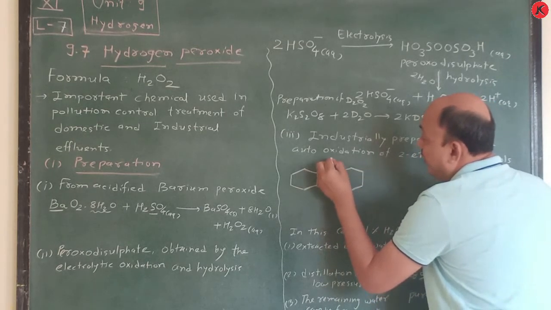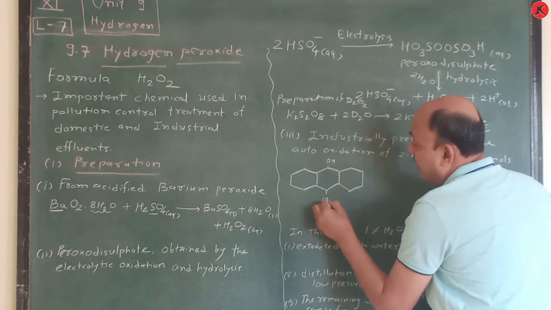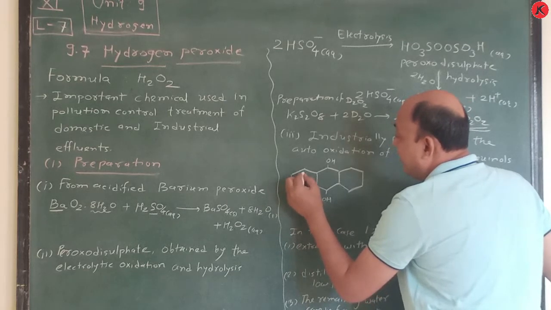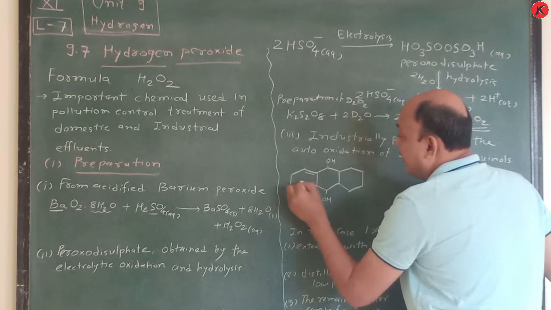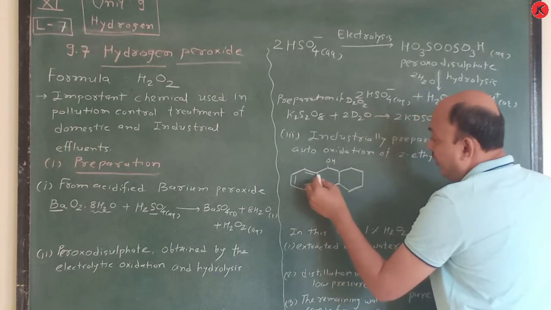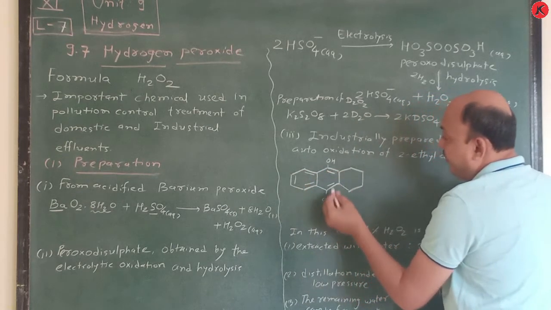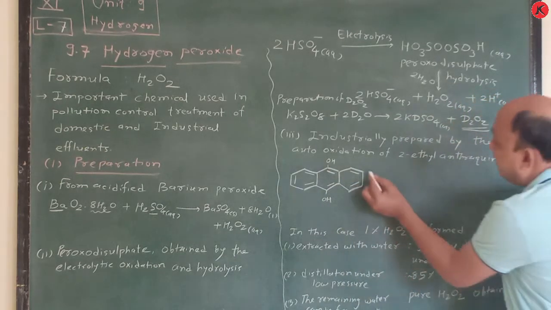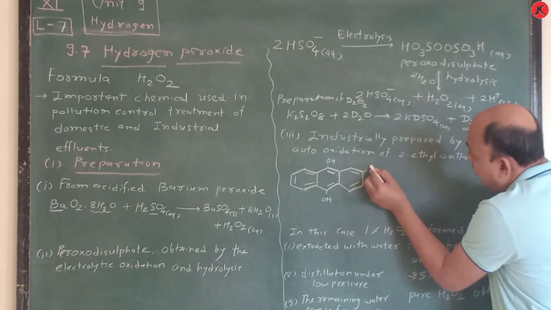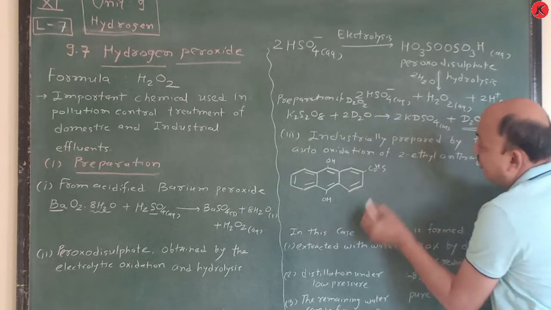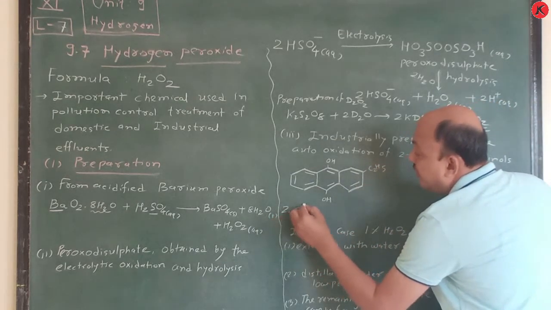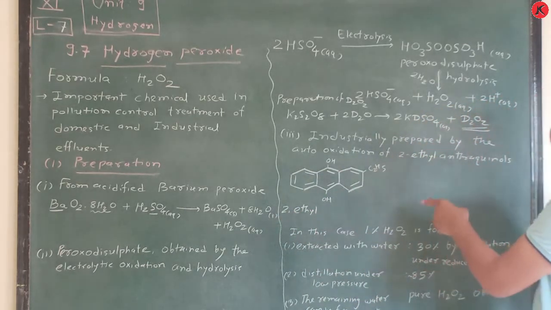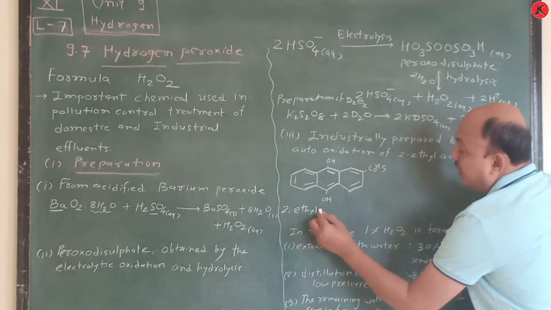Here you have to write OH, and here OH. In the same way, number the positions 1, 2, 3. This is the 2 position, so it is known as 2-ethyl anthraquinone.